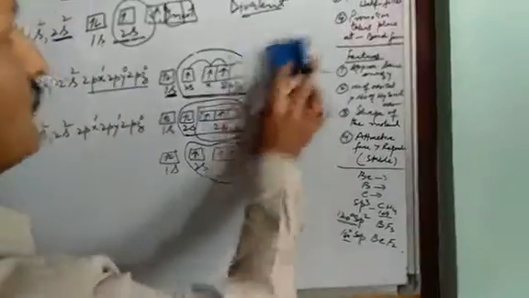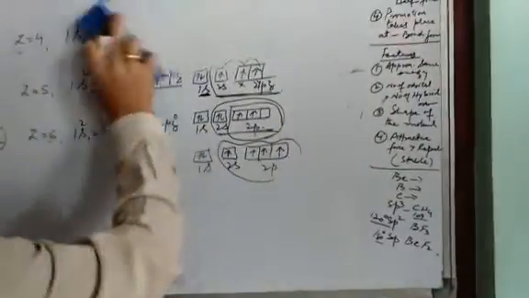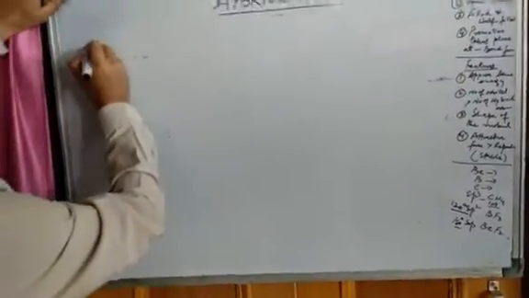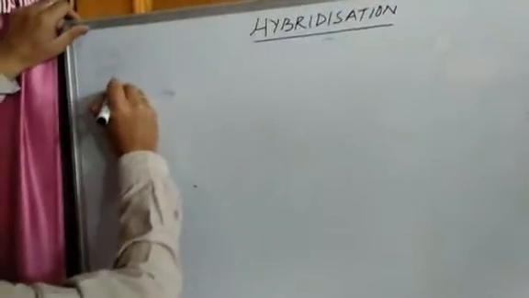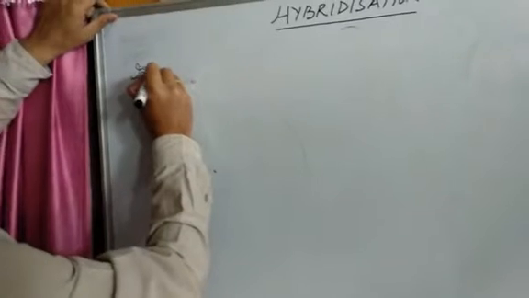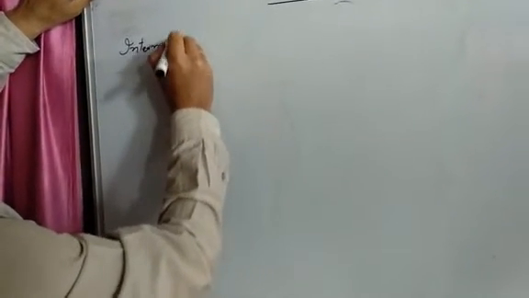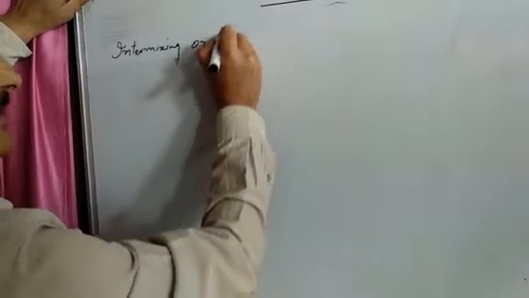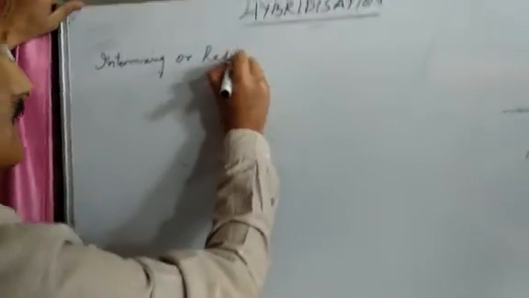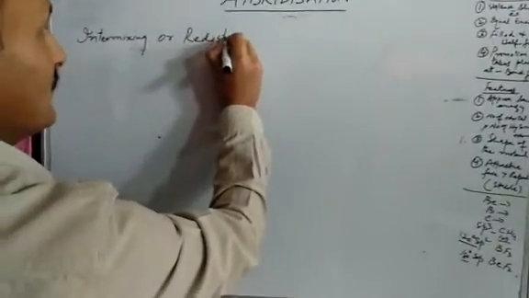So this is why this concept has been taken. Now we have come to know what hybridization is. Hybridization is intermixing or redistribution, meaning the electrons are distributed again.